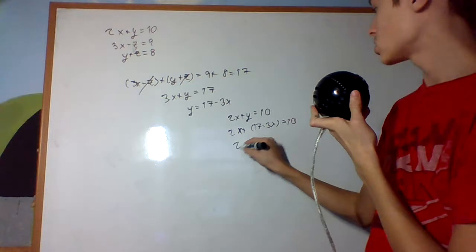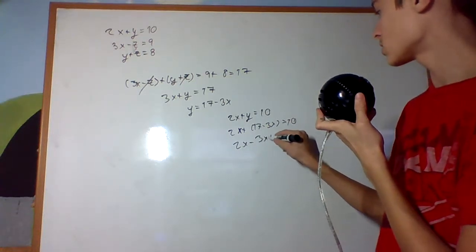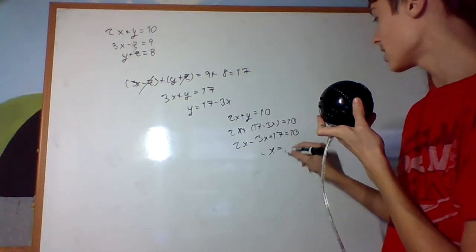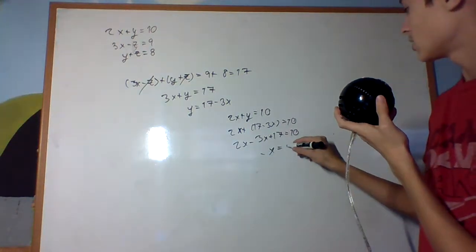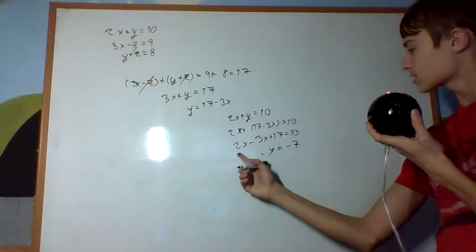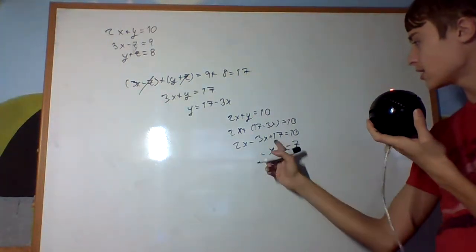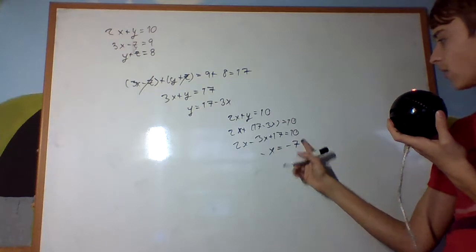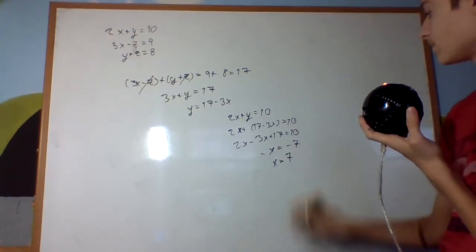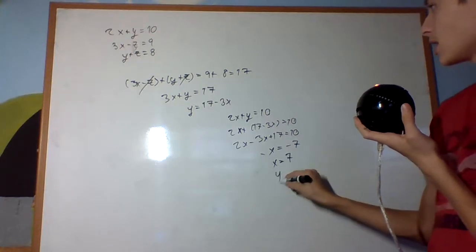Then I get 2x minus 3x plus 17 equals 10, or that negative x equals negative 7, because 2x minus 3x is negative x, and 17 subtracted over. Or that x is 7. Now I know what y is.